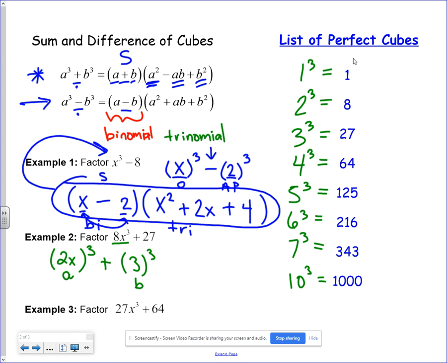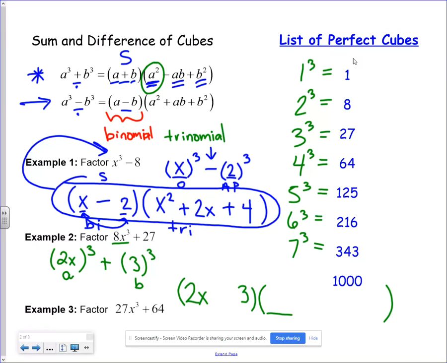Now I'm just going to write it out. So it's going to be a binomial times a trinomial. So I put my a value down. My a value is 2x. Put my b value down. Okay? How do we get our first term? Well, it's the same pattern every time. It's your a value squared.